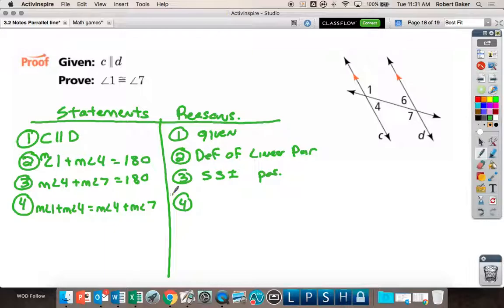Do you remember why? So it says if 1 equals 2 and 2 equals 3, then why does 1 equal 3? The transitive property.